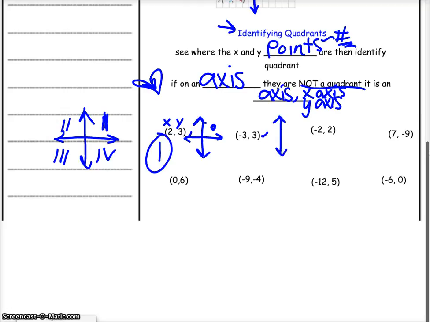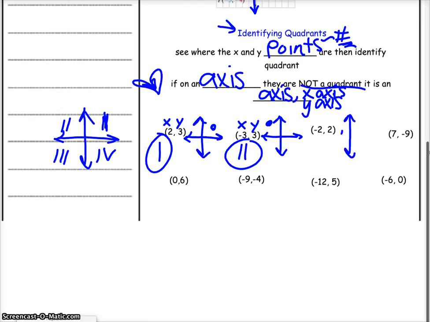Again, I make a rough coordinate plane. My x is -3, that means I go to the left. My y is +3, which means I'm up, so I'm somewhere in this quadrant. That quadrant happens to be quadrant 2. You can represent it as the Roman numeral version, or you could just write the number. It's your call.